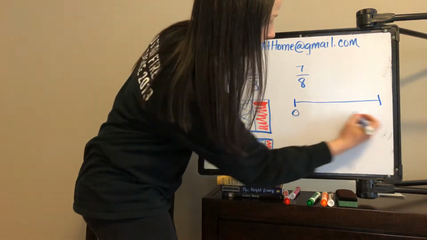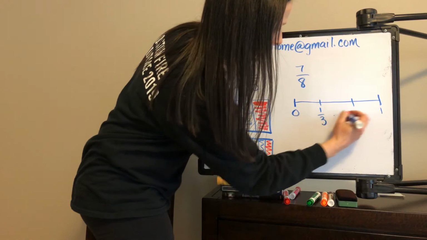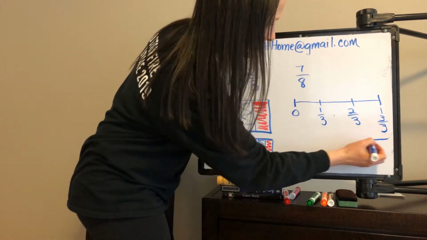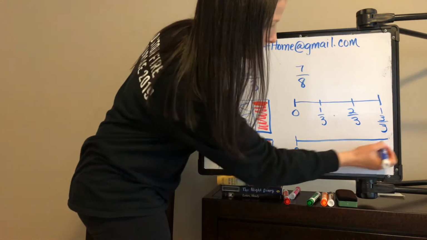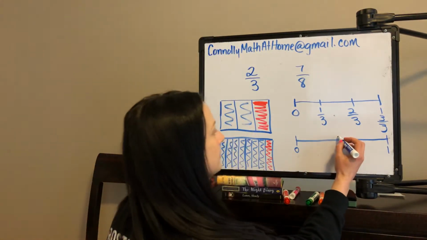Okay, so if I put 2/3 on the number line, and then I make the same size whole underneath and show eighths, always the same size whole when we're comparing. Let me get down here. All right, 4/8.